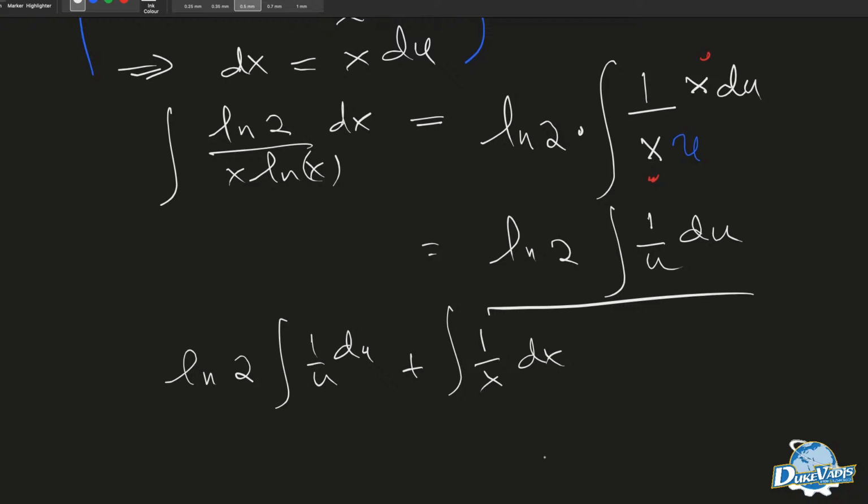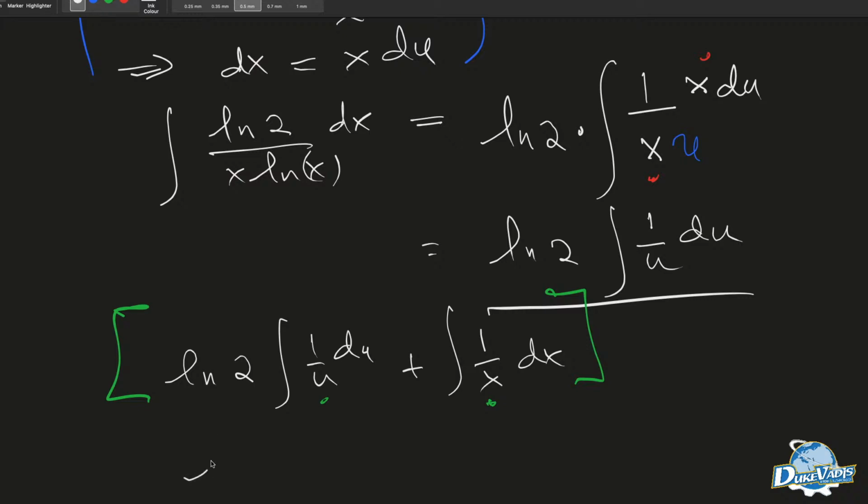Now we are in a good position to integrate this with ease, because when we integrate 1 over x, we have natural log of x, and when we integrate 1 over u, it will be natural log of u. So let's do that.